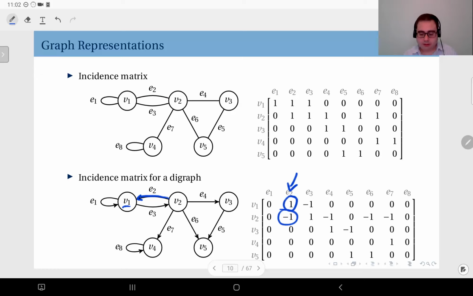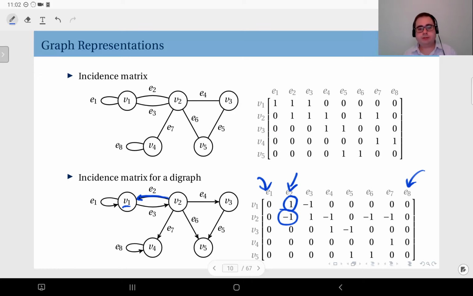Okay, so at each edge you see one +1 and another -1, except for the loops where you see no ones, in which case you understand that E1 and E8 are loops, but you cannot understand which vertices they are adjacent to.